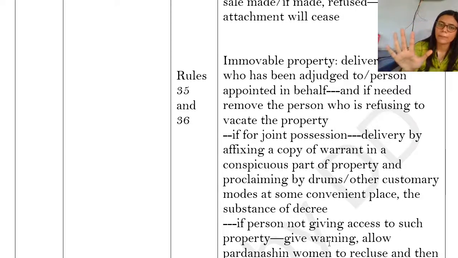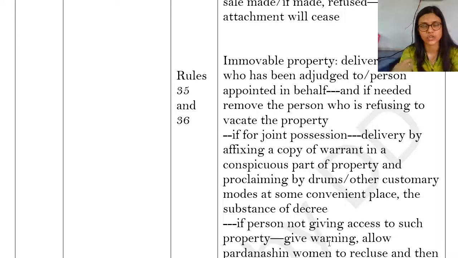You'll affix a copy of the warrant in a conspicuous part of the property. Then you'll proclaim by drums or any other customary mode what has been written in the decree, that from this date onwards, this property is being delivered to so and so person. Now, if the person is not allowing access, then first you'll give that person a warning that you'll break into it.